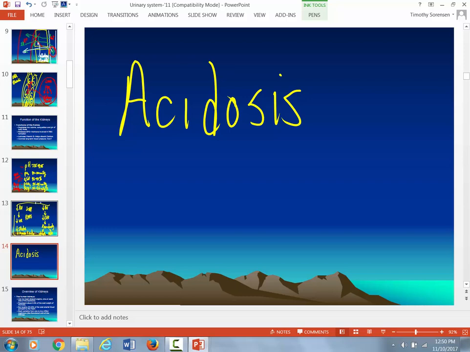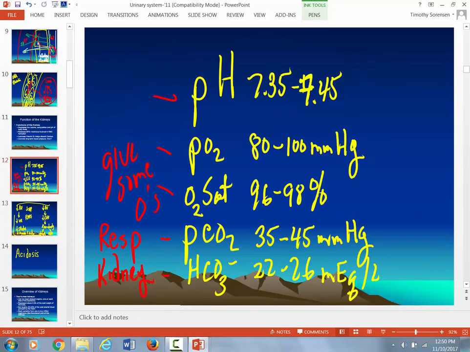The other thing, let's go back because you should know this. What's the only system that can compensate for a metabolic acidosis? What's the only system that can compensate for a respiratory acidosis? Or what controls bicarbonate? The kidneys, right? Tell me you got that.